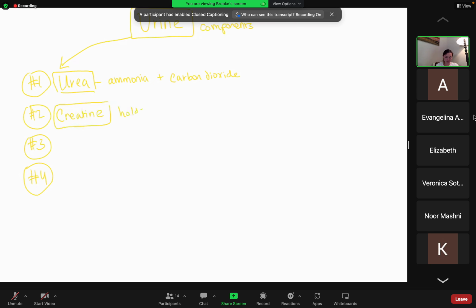Creatine holds phosphate to create a rapid form of ATP. So when we create ATP, we convert ADP, which is adenosine diphosphate, adenosine and 2 phosphates. I'm telling you this because you can't really understand what it's trying to say without it.